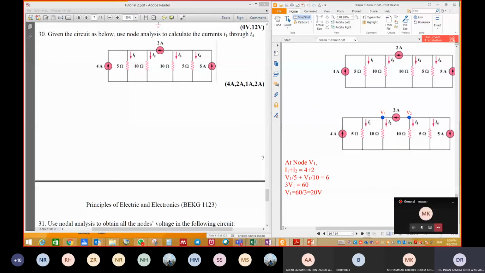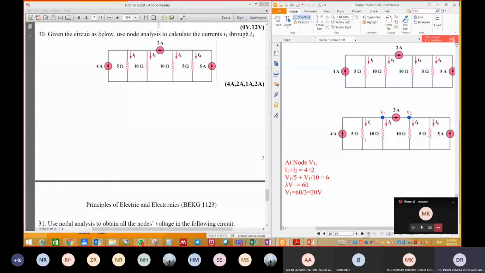The direction of current is already given in the question. I1, all the current flows to the ground. At node V1, what are the currents that enter the node? Only 4 and 2 amps.